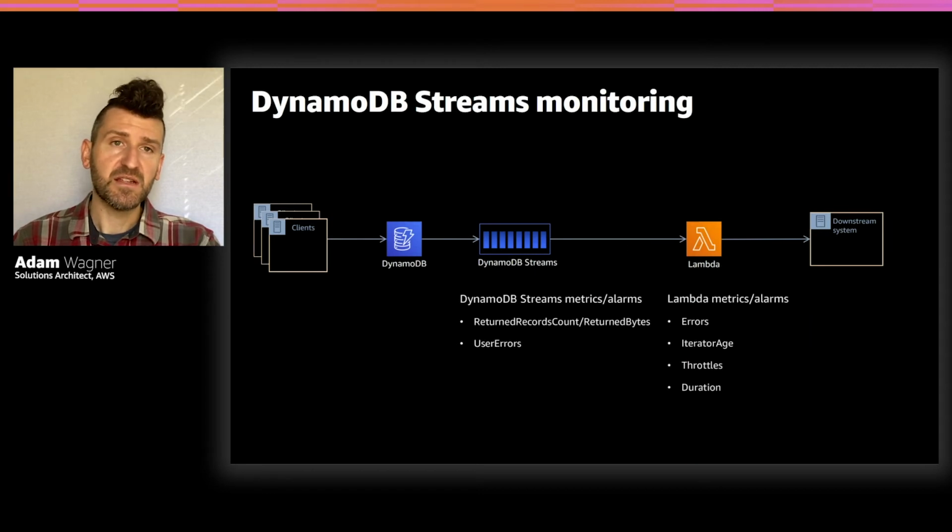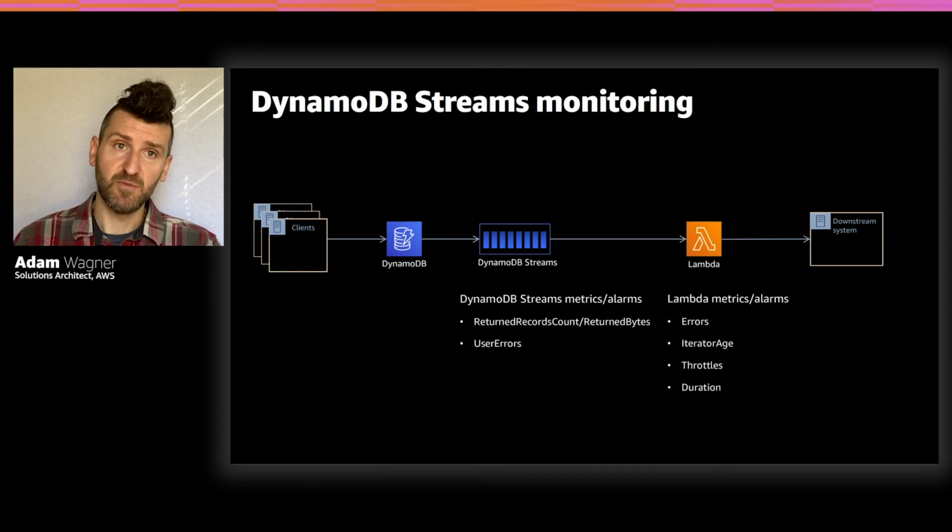With DynamoDB, it's even more important to watch iterator age because with DynamoDB, the records age out of the stream within 24 hours. With Kinesis, by default, it's 24 hours, but you can extend that. You can grow that time if you want to via the APIs, the CLI for a given stream.